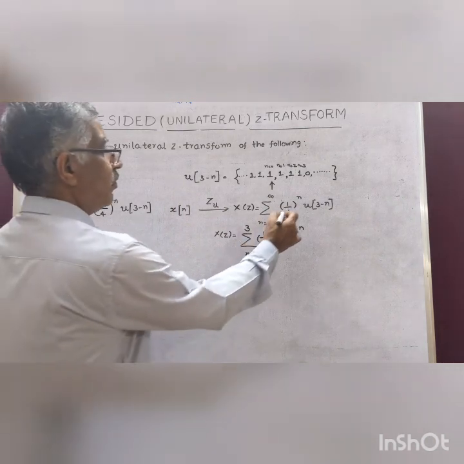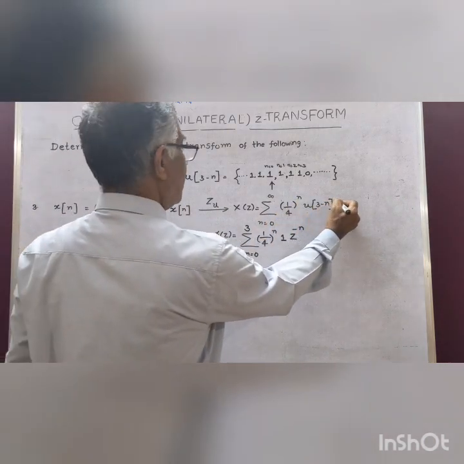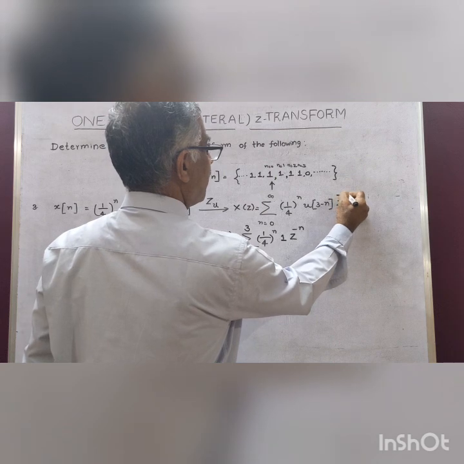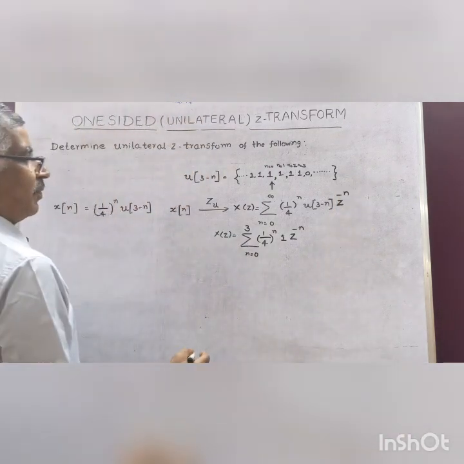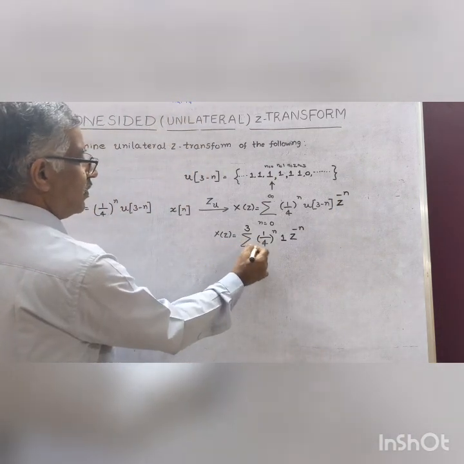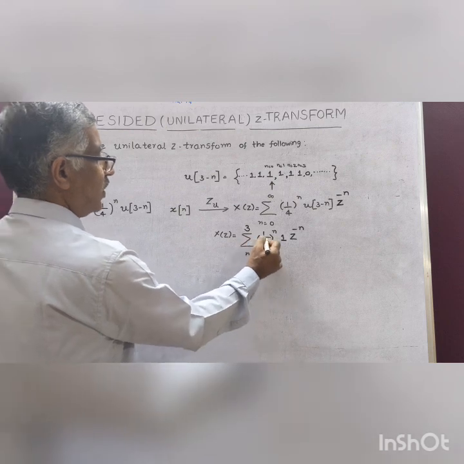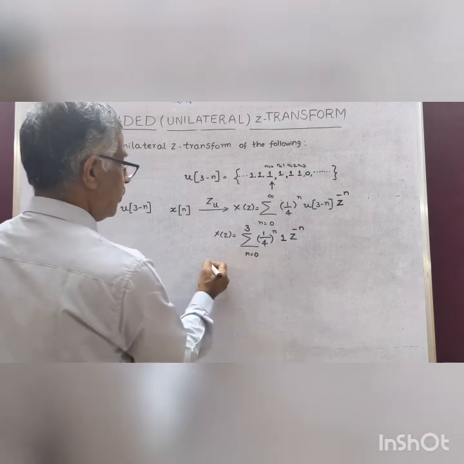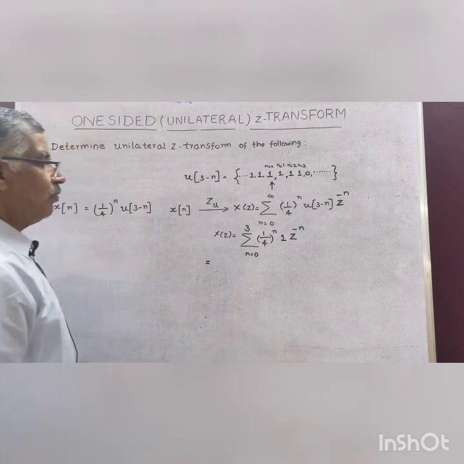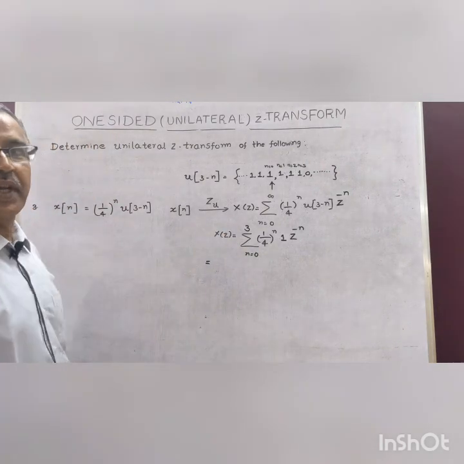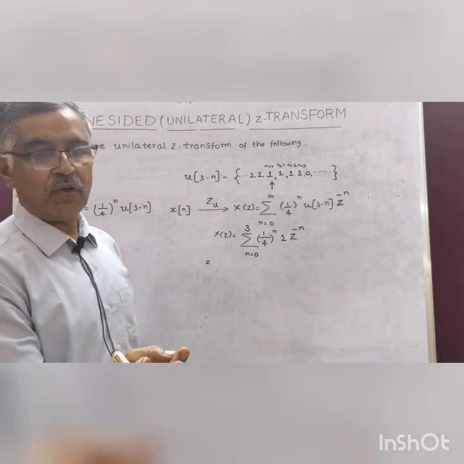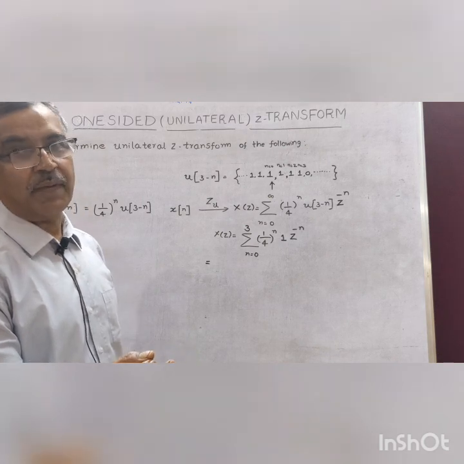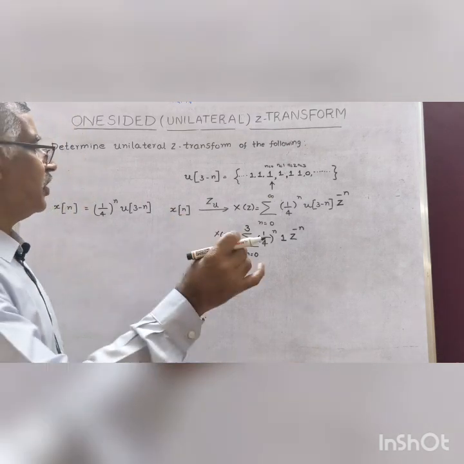Therefore, 1 by 4 to the power of n u of 3 minus n, and here you write z to the power of minus n. x of z equal to summation n equal to 0 to 3, 1 by 4 to the power of n, 1 into z to the power of minus n. Now, there are only 4 terms, n equal to 0, 1, 2 and 3. So I will write the individual terms.